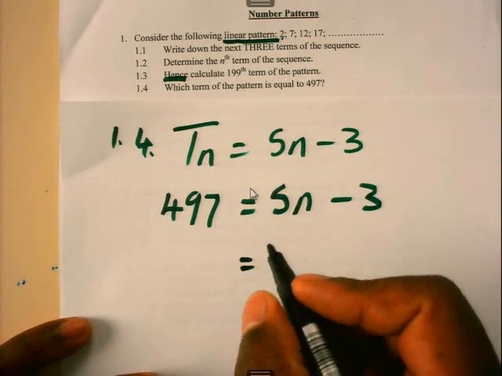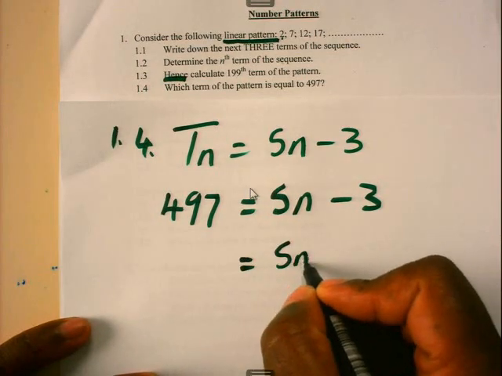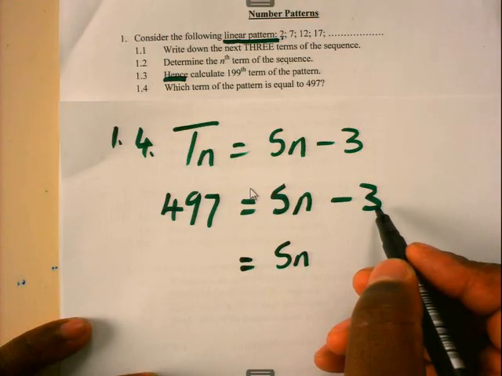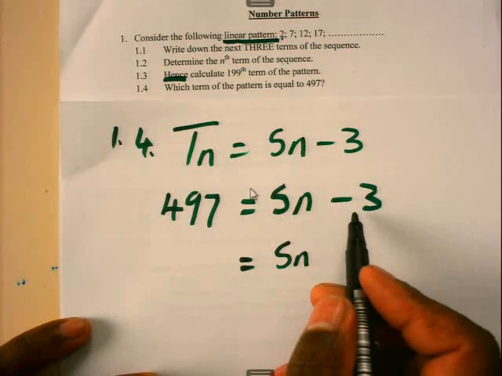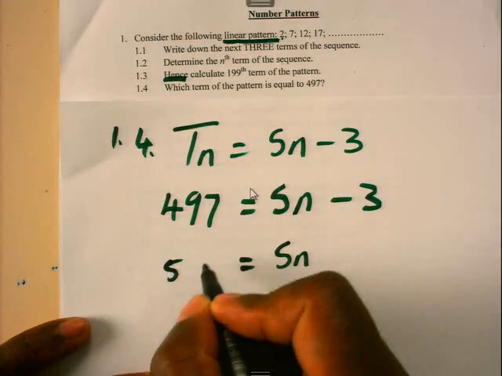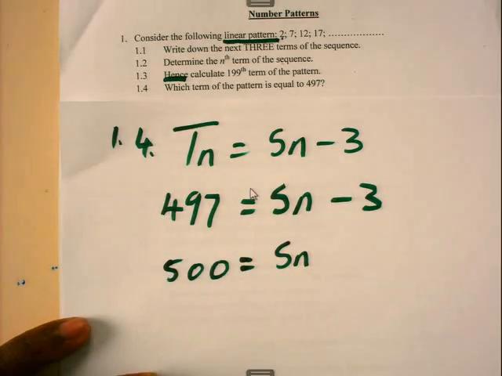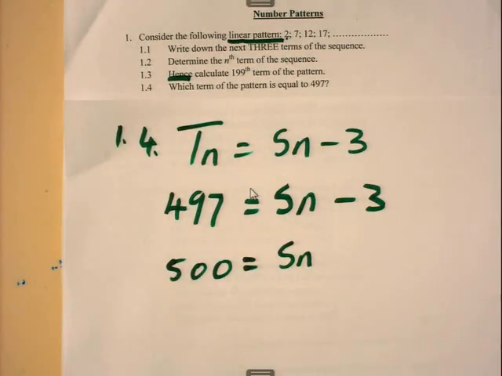For us to solve for n, here is 5n, and you've got minus 3 here. You transpose it to the left. Then you've got 497 plus 3, which will give you 500. 5n is equal to 500. Now we just have to divide by 5 both sides to determine the value of n.